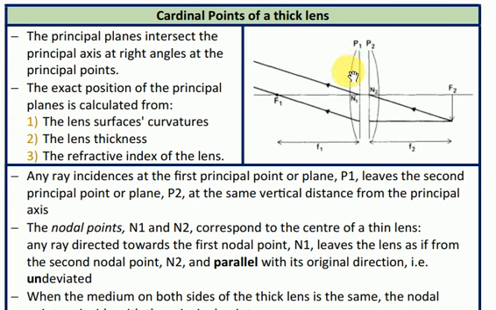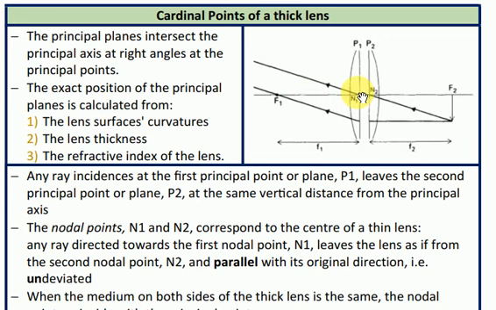These are hypothetical planes and hypothetical points, such that a ray incident at the first principal point or plane, this is P1, leaves the second principal point or plane P2 at the same vertical distance from the principal axis. This is the principal axis.